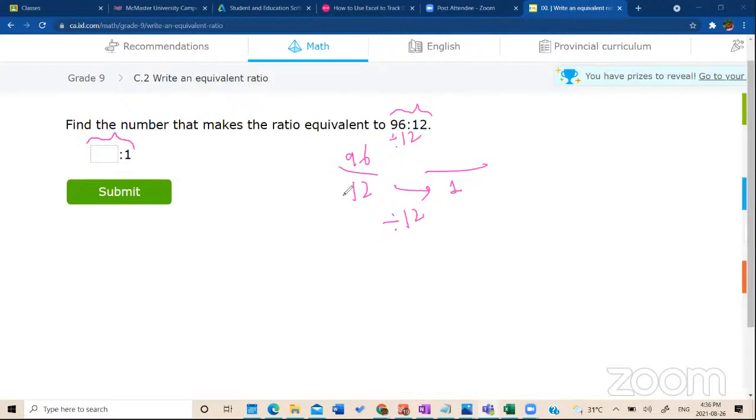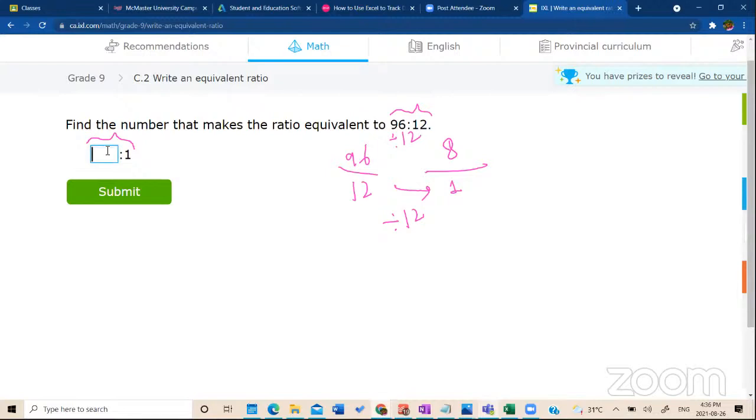Look, the denominator here is 12, and the denominator we want is 1. So we have to divide by 12. 96 divided by 12 is 8. Okay, so what number would you write over here?